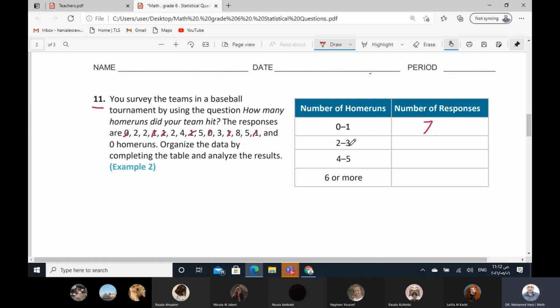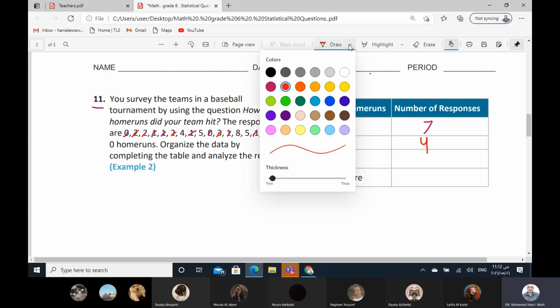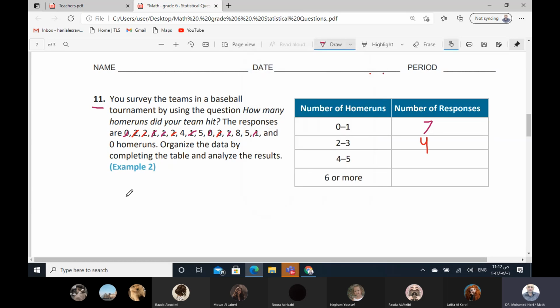Then between 2 and 3, we have here 1, 2, 3, 4. And here in the first question, we have also here 0. So here the number will be 8.